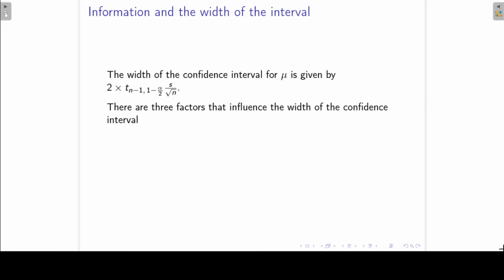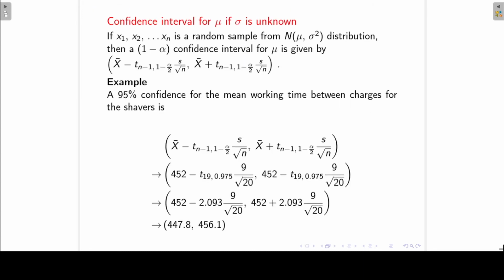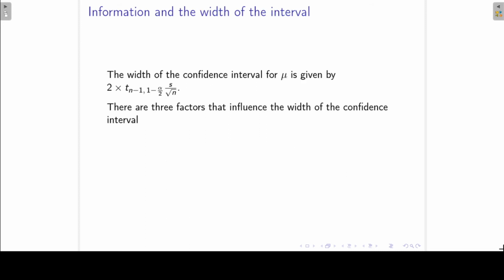Now, if we go back to our confidence interval, you can see that the lower limit is the sample mean minus a factor, and the upper limit is the sample mean plus that factor. So the width of the confidence interval will just be 2 times the factor. In other words, 2 times the t value times s over square root n.